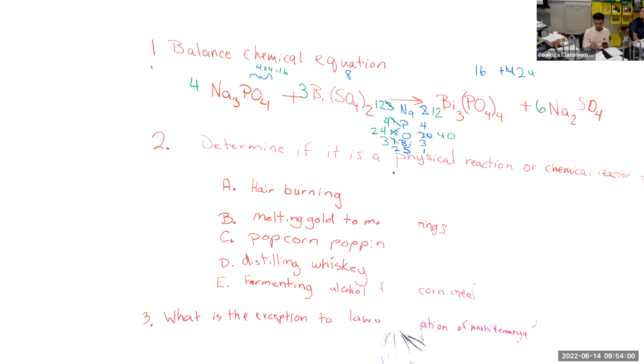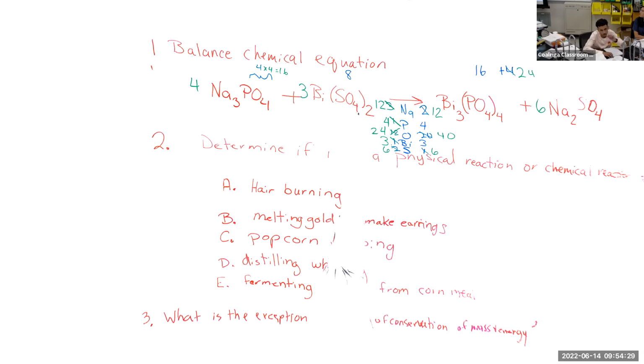How many sulfurs? It would be 6. Oh, Dr. Henry, you forgot the 6 on the product side of sulfur. Oh, I forgot 6. Yeah. So now we have 2, 6. Okay. Is that balanced? Oh, we gotta look at the oxygen. So we have 4 times 2 times 3.